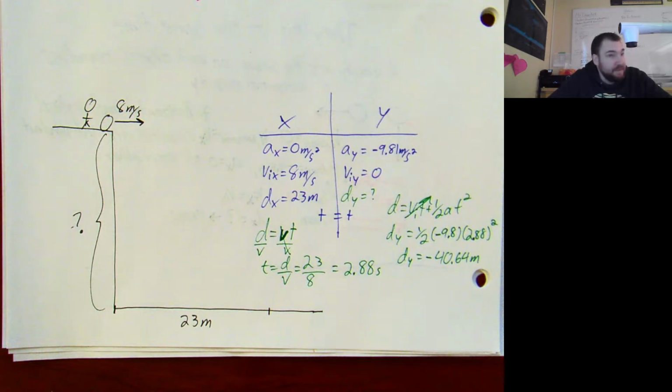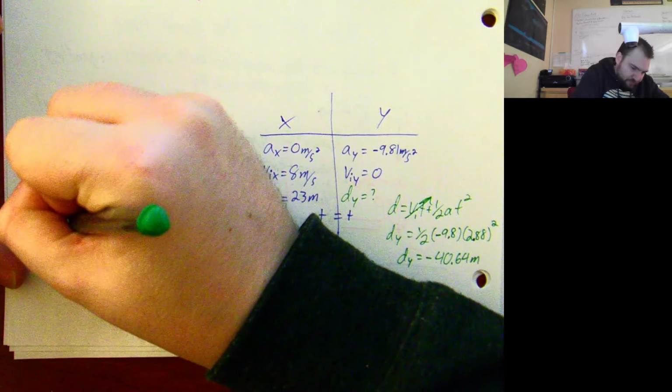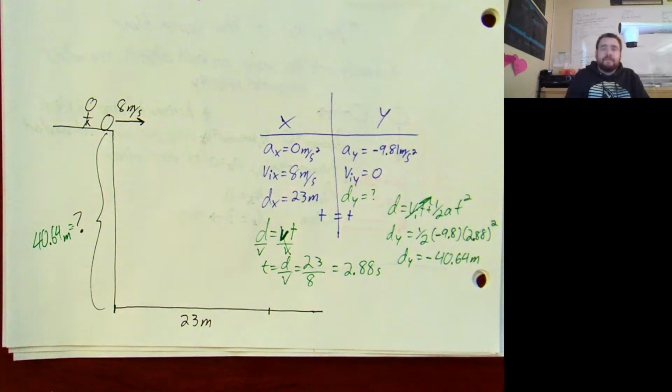The displacement of our ball, yeah. So it went down 40.64 meters. So then what's the height of our building? 40.64 meters. Cool. Comments, questions, concerns?